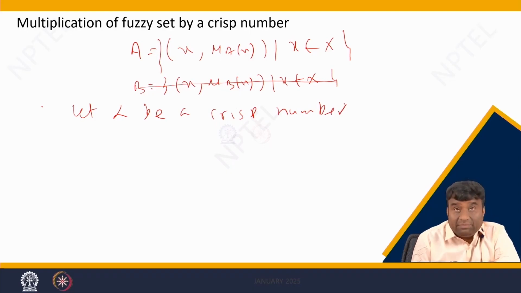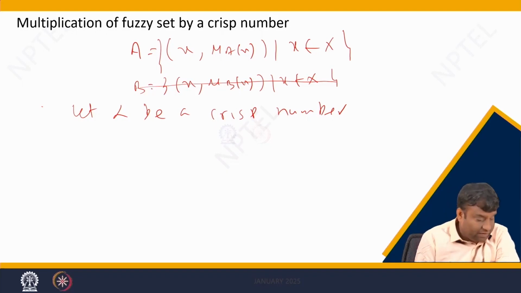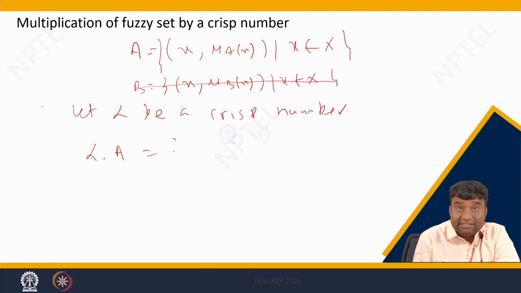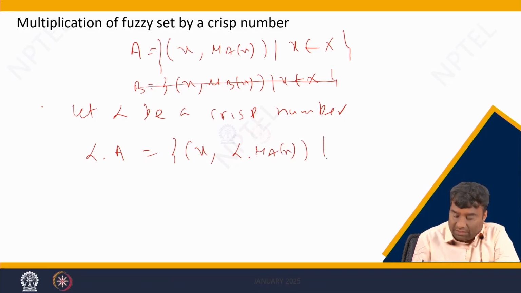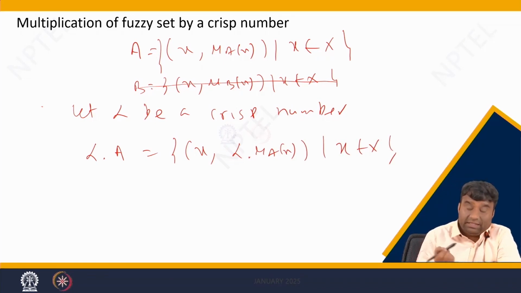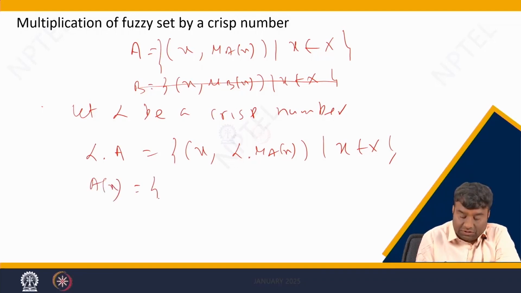So multiplication of a fuzzy set A by the crisp number alpha is known as alpha A, alpha dot A. So it can be written as the fuzzy set {(x, alpha into mu_A(x))}, where x belongs to the universe set X.